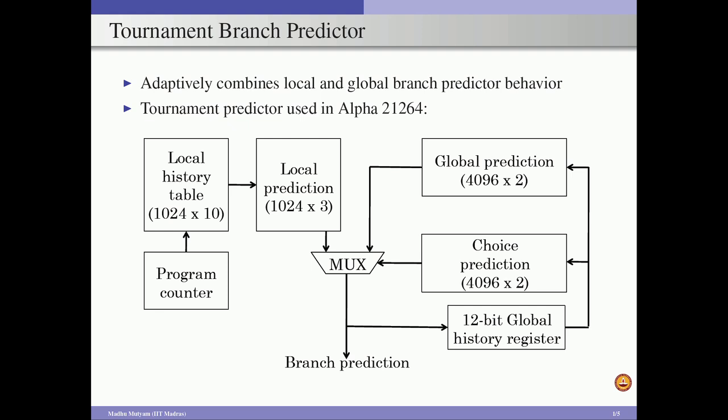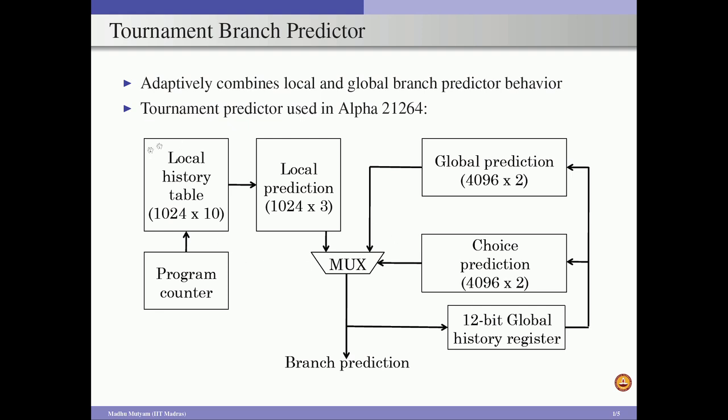The organization of this tournament branch predictor is something like this. It consists of a local history table, the local prediction table, the global prediction table, the choice predictor, and a global history register. This global history register is going to keep track of the outcomes of the last few branches which happen in the program, and these can be the same branches or different branches.